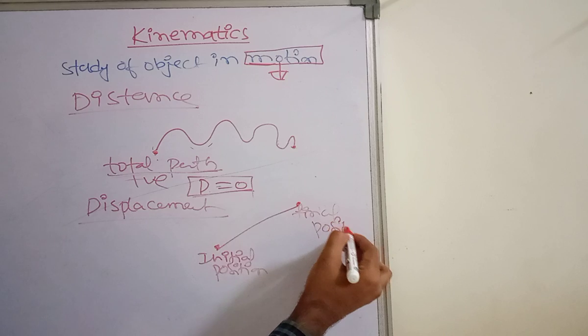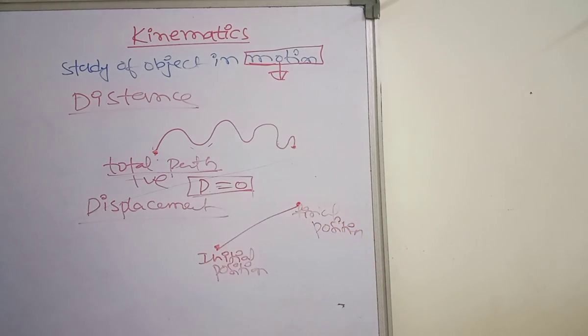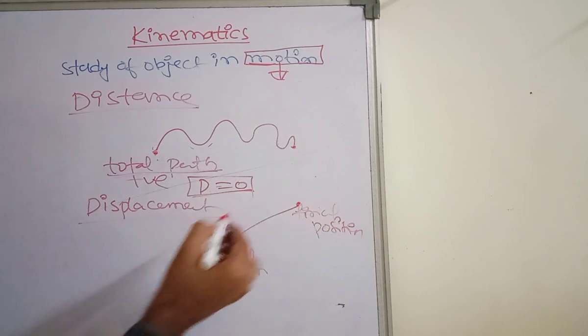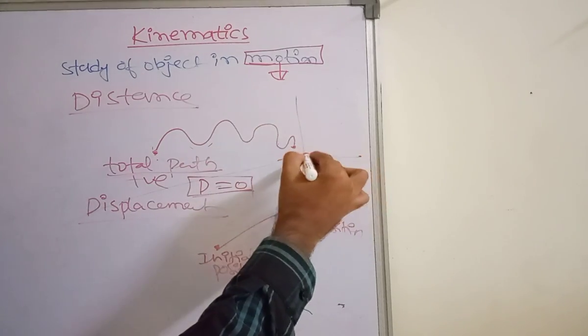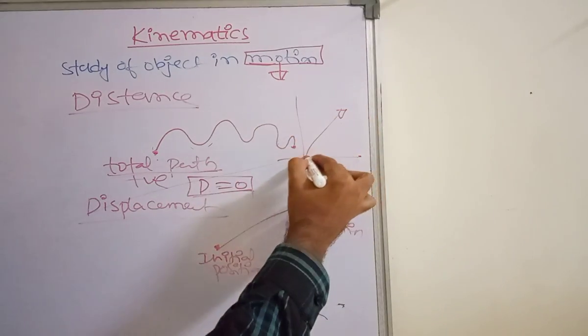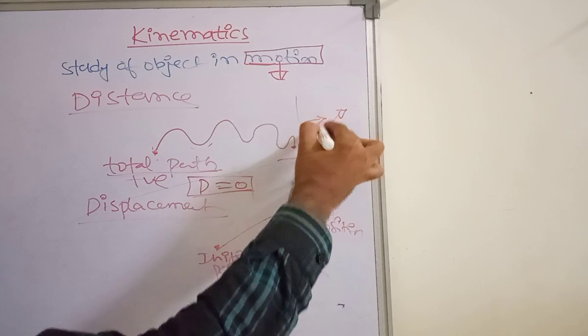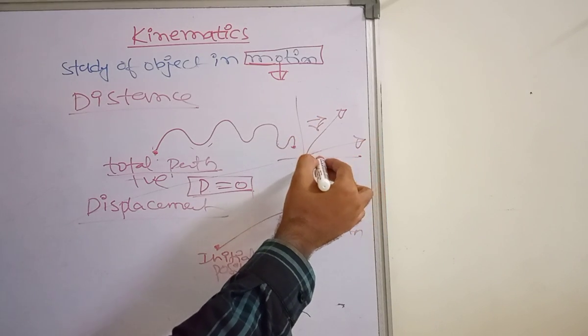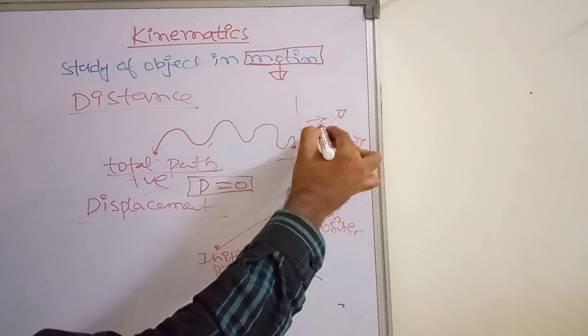It is the vector between the initial and final position. Suppose here I am taking a graph with two positions, the final position and the initial position.